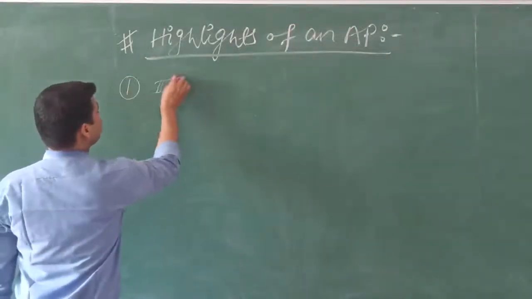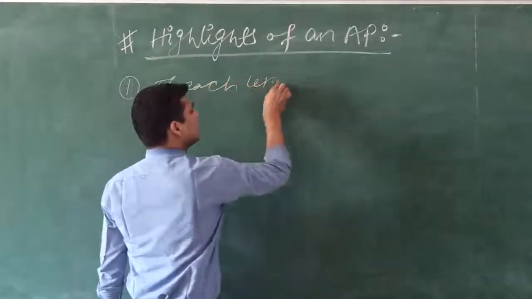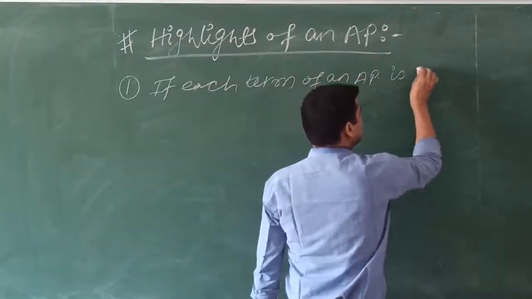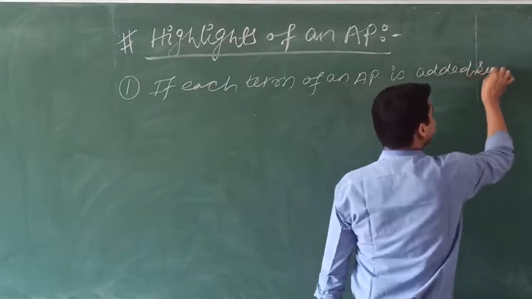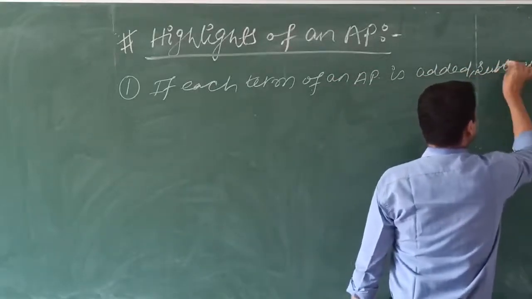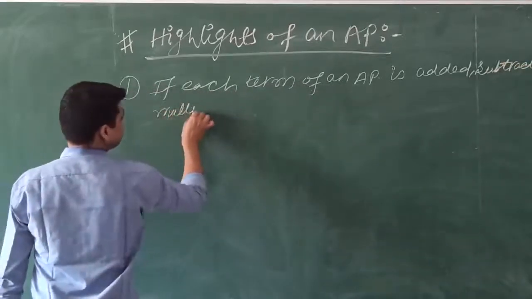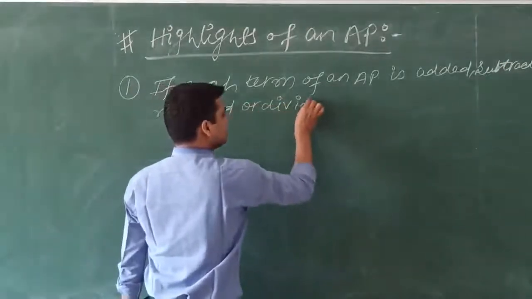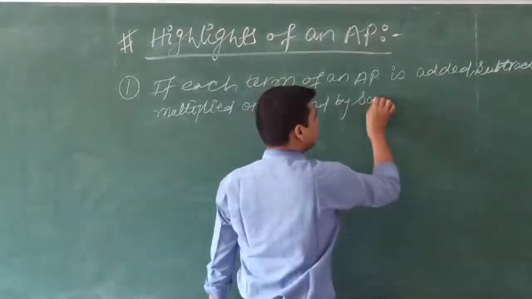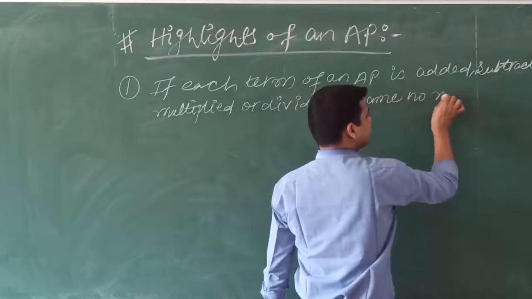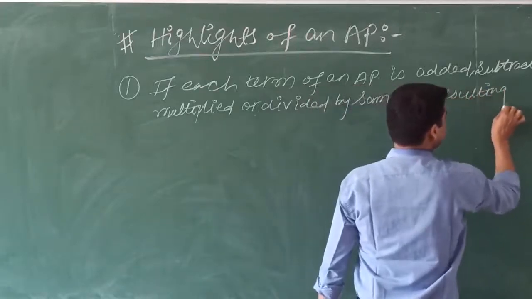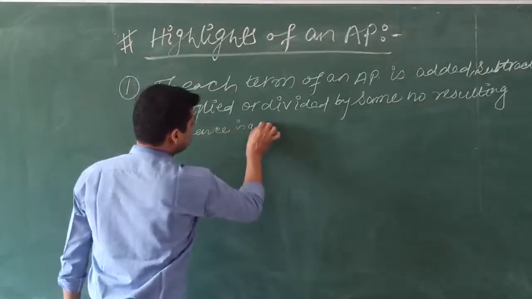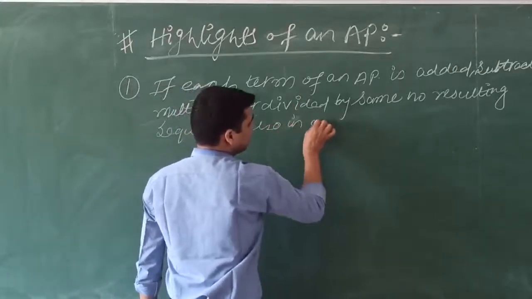The first point is: if each term of an AP is added or subtracted, multiplied or divided by the same number, the resulting sequence is also in an AP.